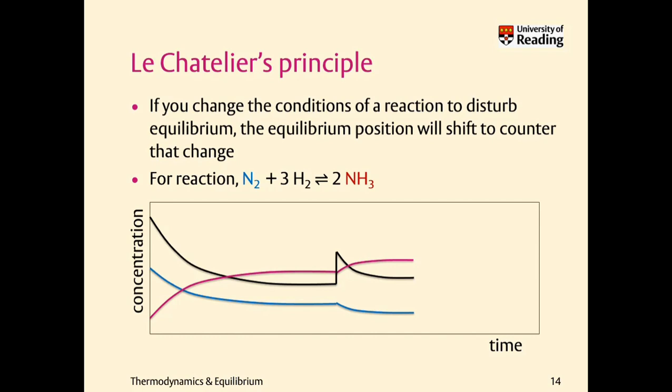The same would happen if you at this point added some ammonia to this system. So you've added some product to the system, and the reaction would spontaneously shift again until the system has reached equilibrium. So as you change a component of the system, you shift the equilibrium, and you'll get the reaction to move in one direction or the other depending on that change that you have made.